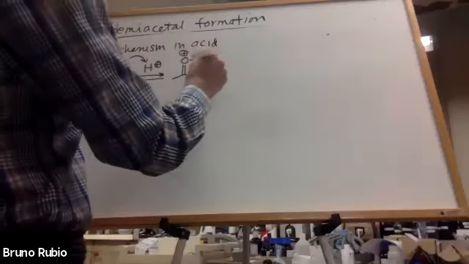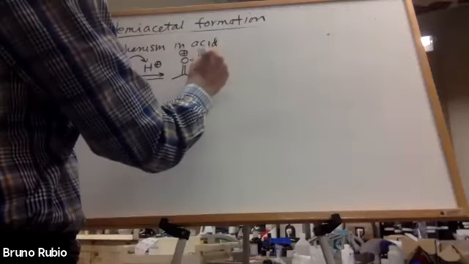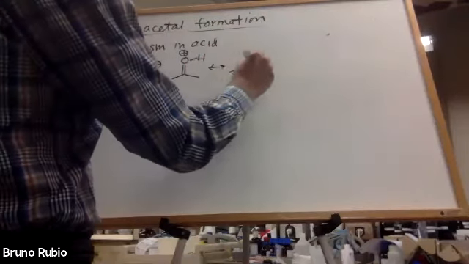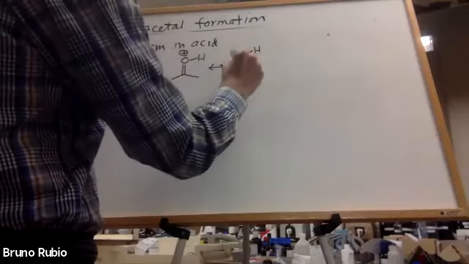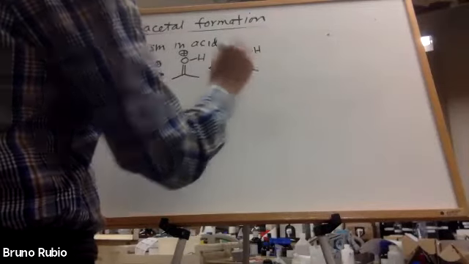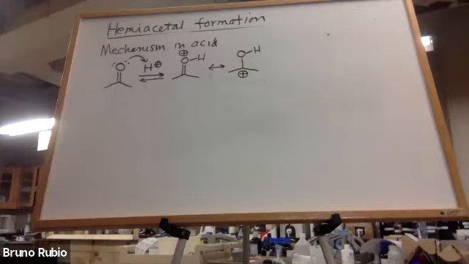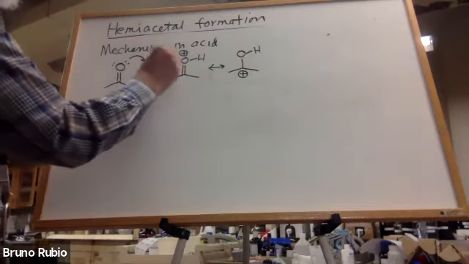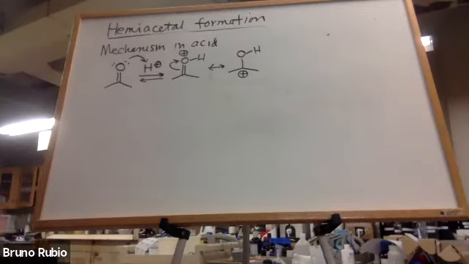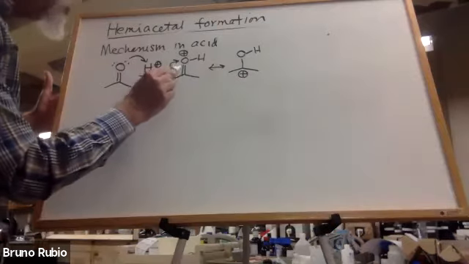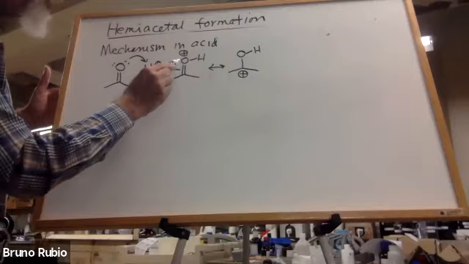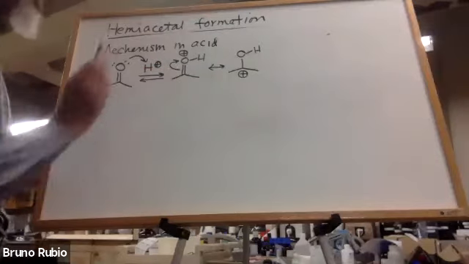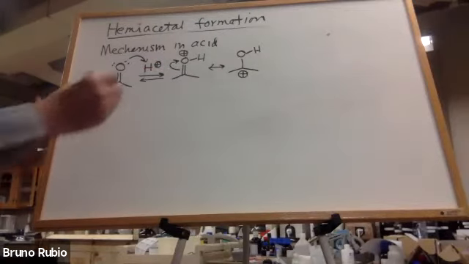Okay, so we could write a resonance structure. Don't have to do this, but maybe it makes what happens next a little bit easier to understand. We could write a resonance structure where we're showing that that oxygen atom is gobbling up the electrons in this double bond. There are 4 electrons here. The oxygen is gobbling up 2 of them.